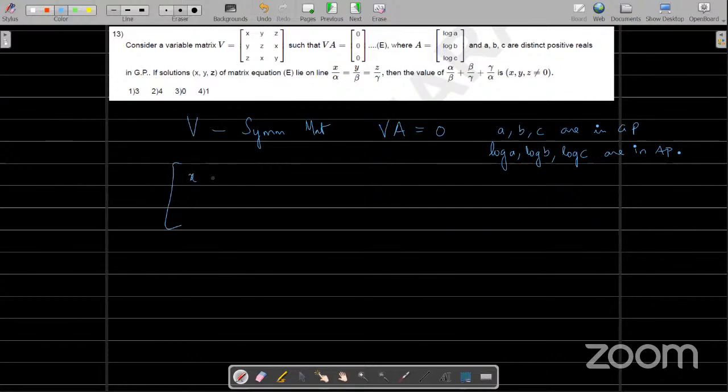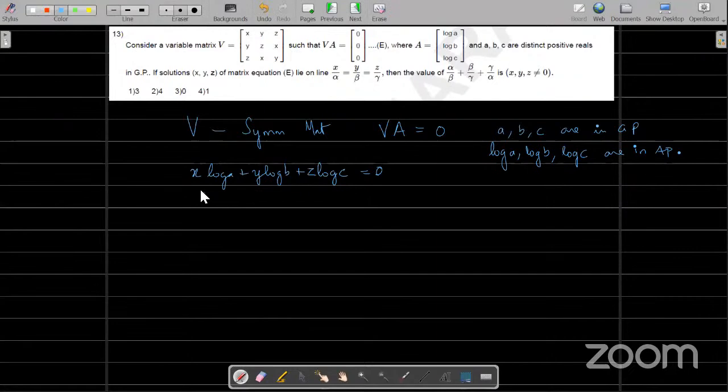Let me multiply directly and write down, to save time. If I multiply x into V into A, that will give me x log a plus y log b plus z log c equal to 0.